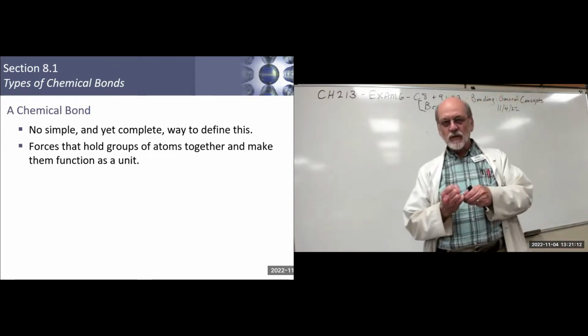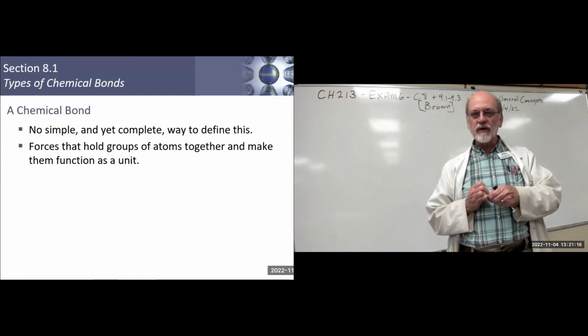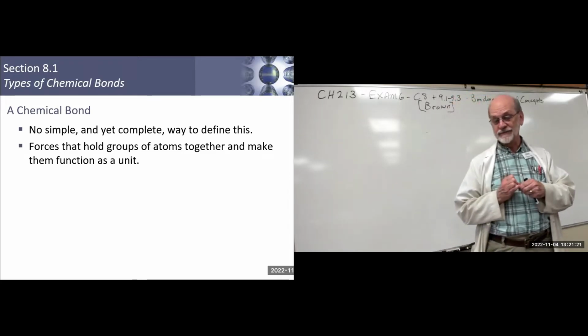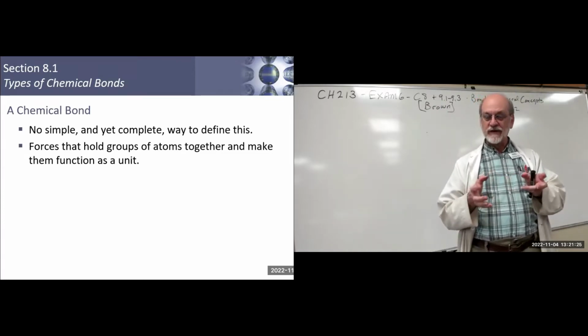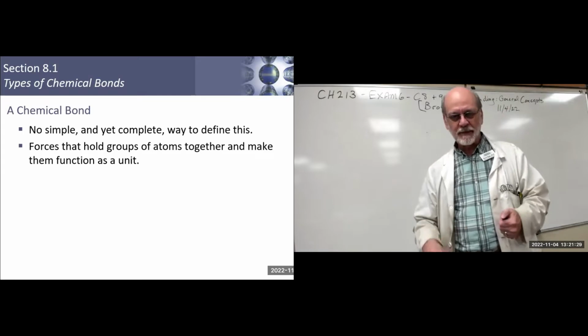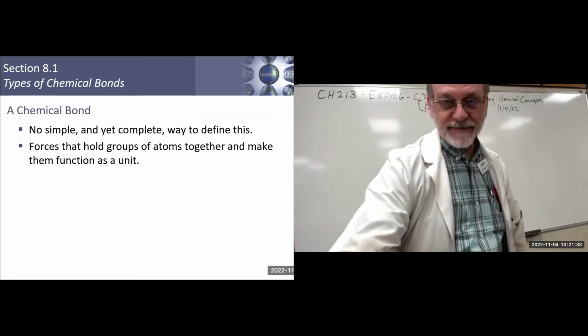He basically told me that procedure is operationally defined. In other words, it's whatever you say it is. You just have to give them enough detail so that the reader can understand what you did. So the chemical bond is operationally defined at this point.